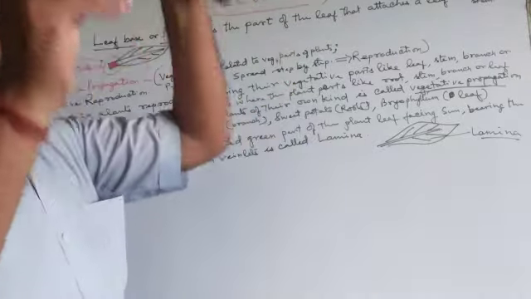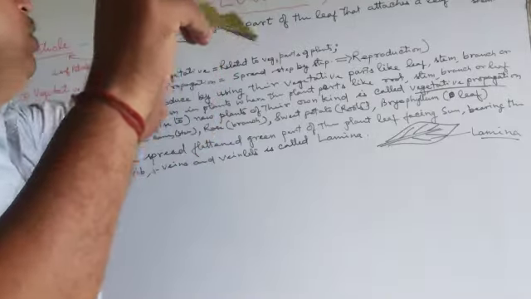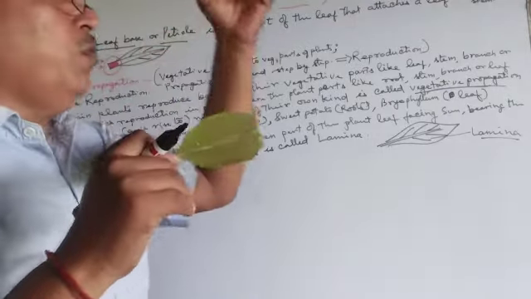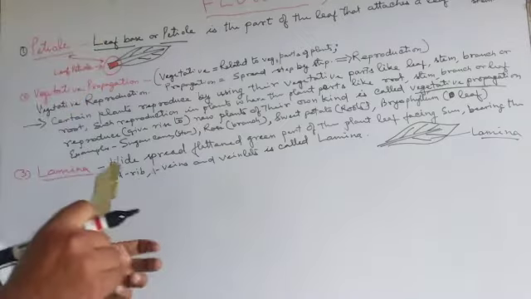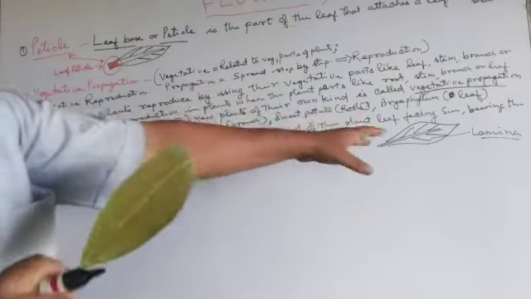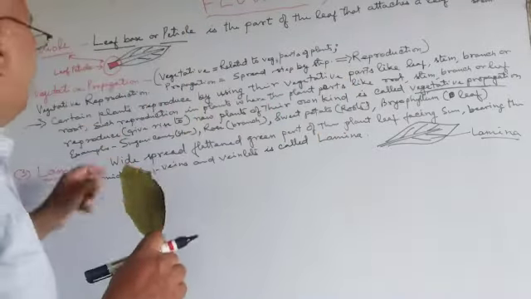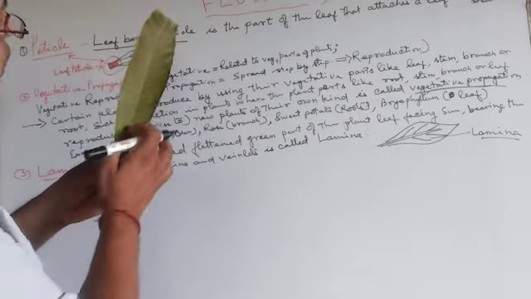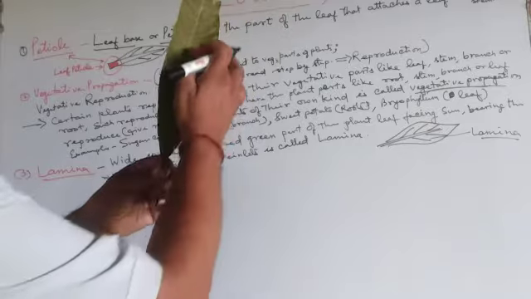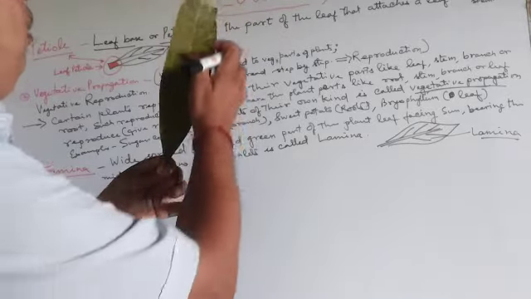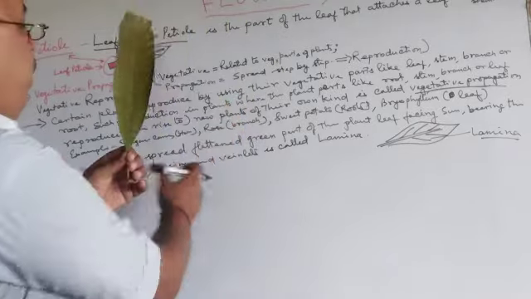Facing sun. This faces the sun. It has to absorb the sunlight for photosynthesis. And this is taking in it the midrib. What is the midrib? This one where I am moving my finger is midrib. Then veins.